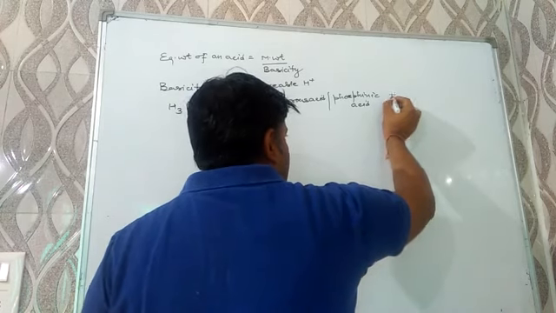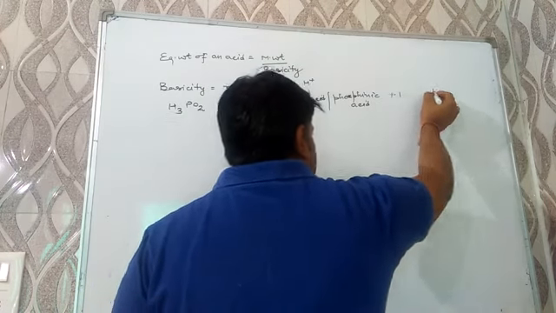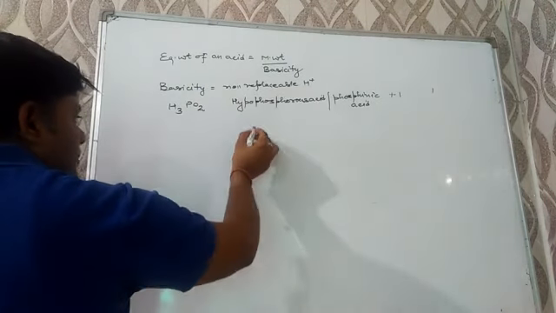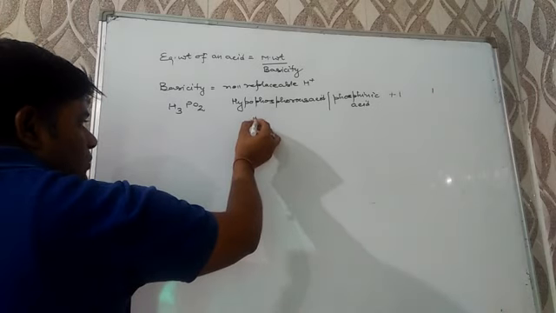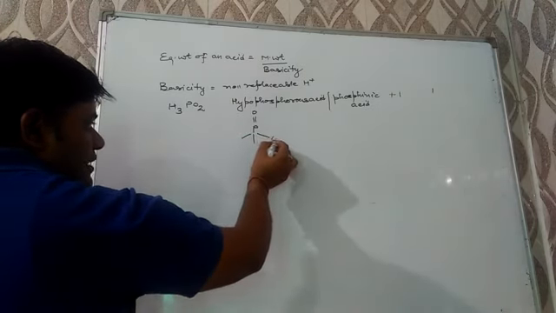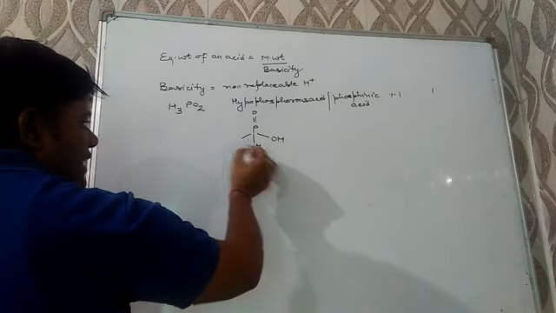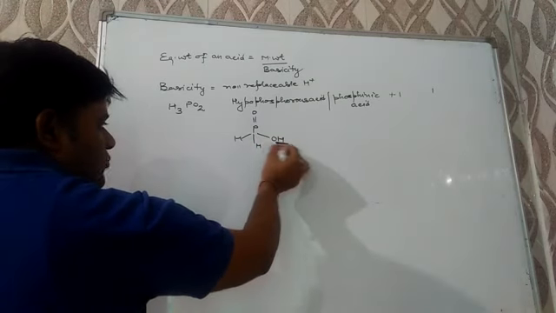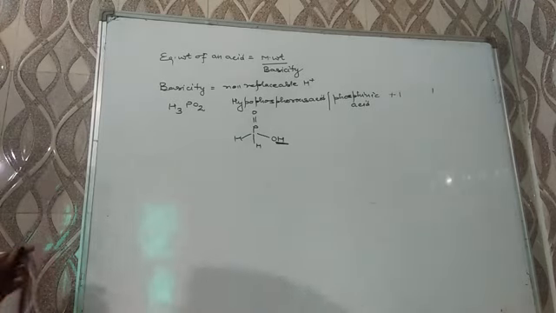Oxidation number of phosphorus is +1, basicity is 1, and structure will be: phosphorus has 5 valency, we have to complete. Double bond, 3 valencies are remaining, 1 OH, H, H. That's why this H is going to be replaced. That's why basicity is 1.